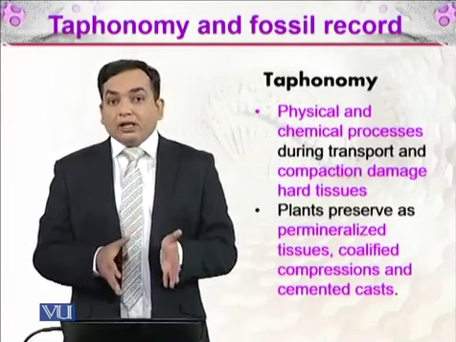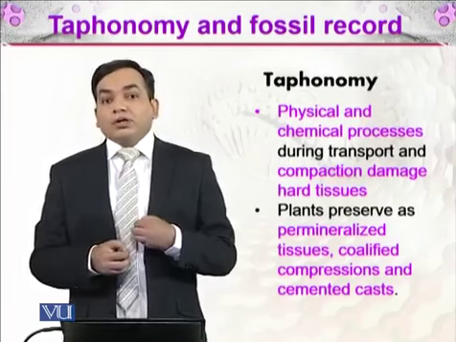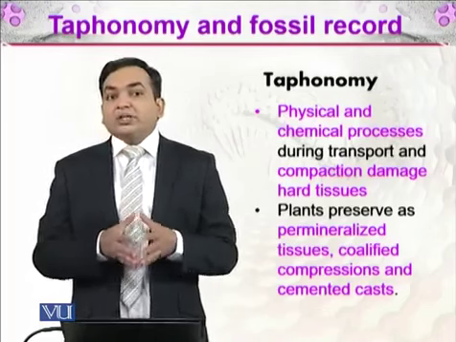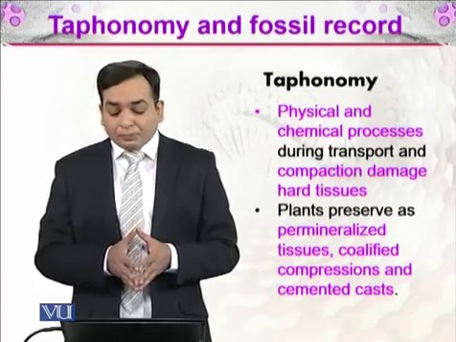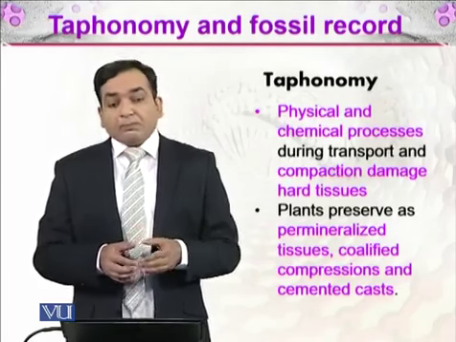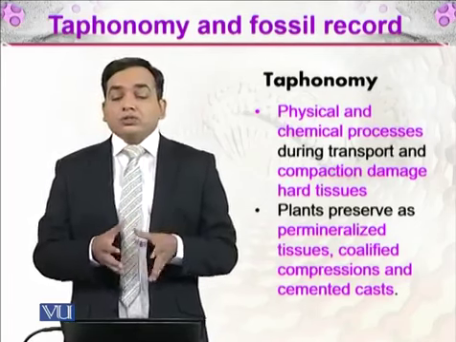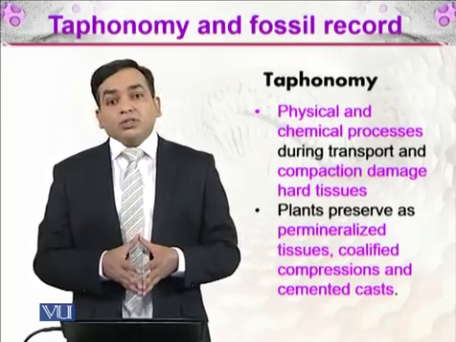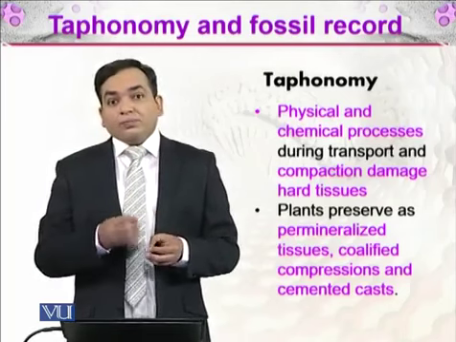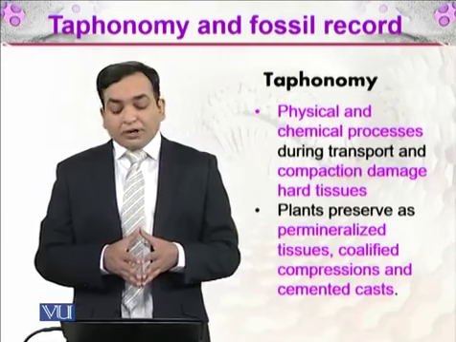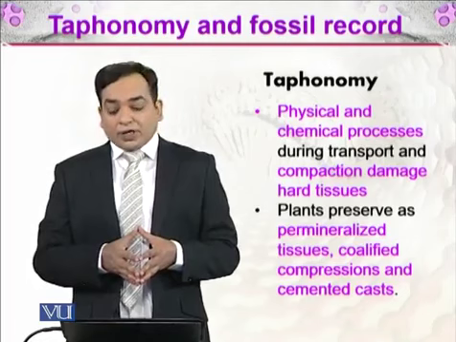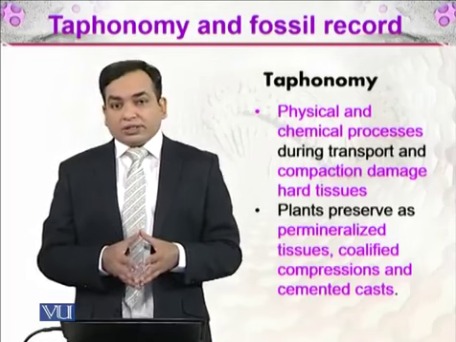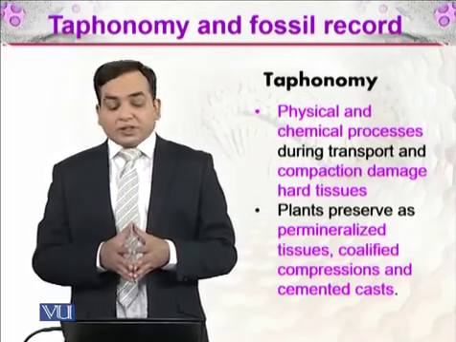Does it help, or does it distort the information that was going to be preserved? And then there are the plants. Plants are also present in the form of fossils, and plants are preserved as permineralized tissue, compressions, and cemented casts. We will be discussing what these are later.